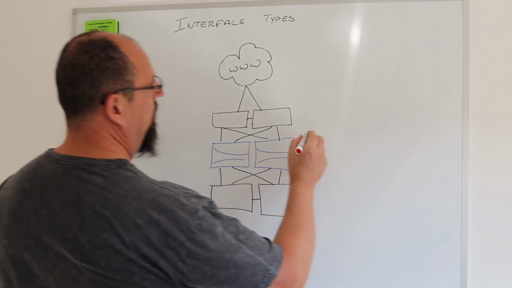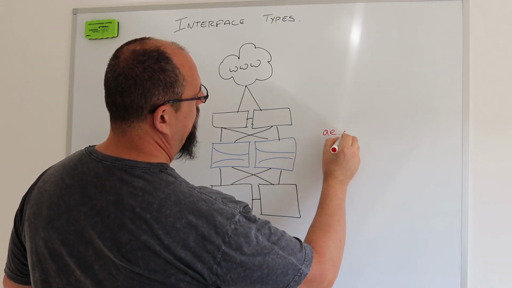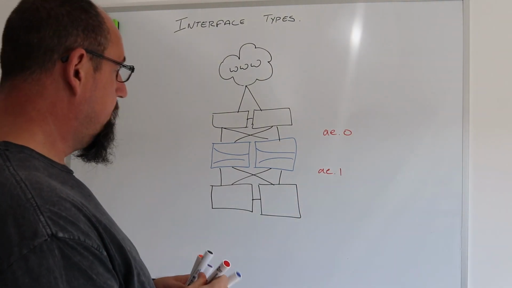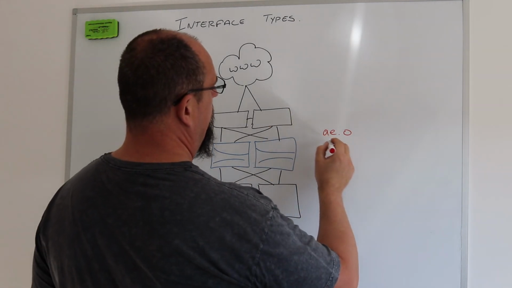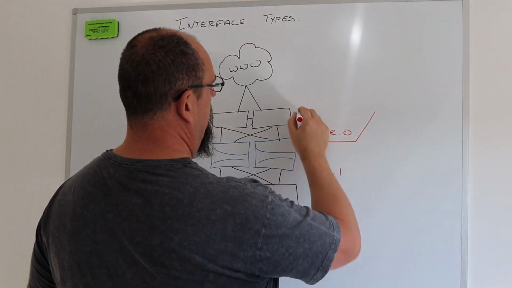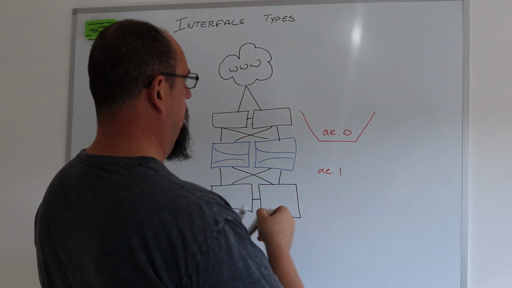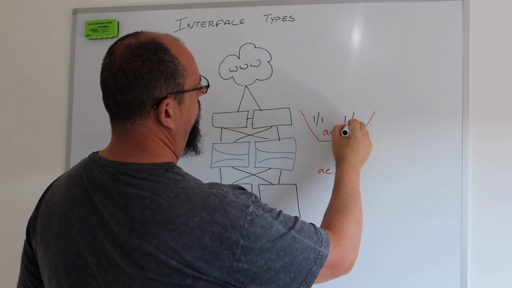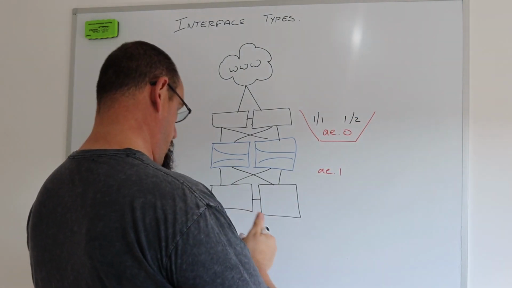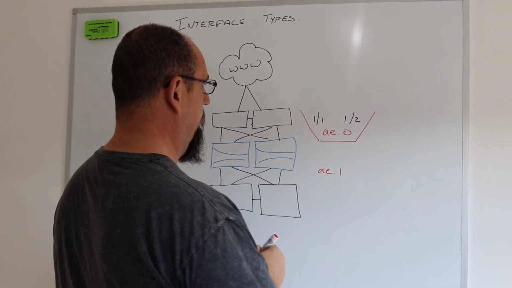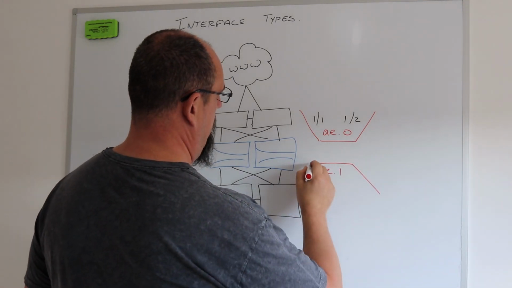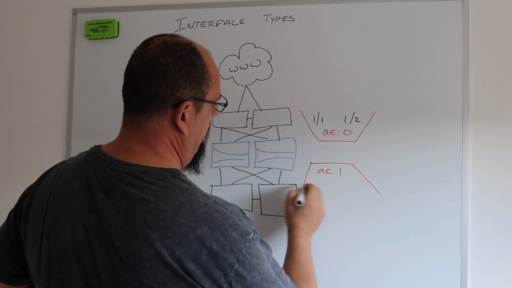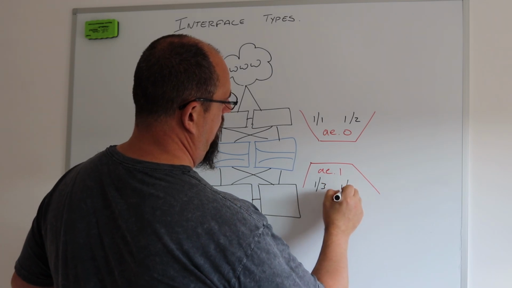So here we'd have AE0, AE1, and then within AE0 we could add Ethernet 1/1 and 1/2, and then here we can have 1/3 and 1/4.